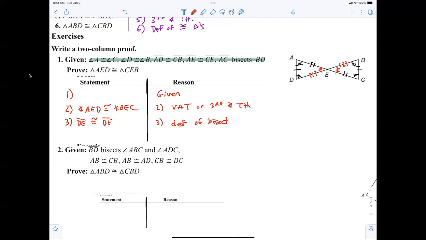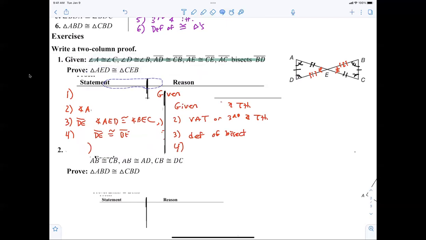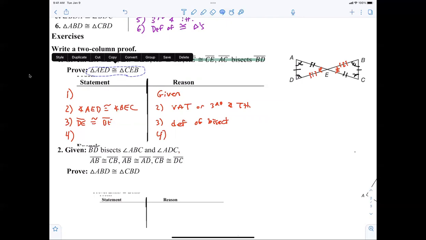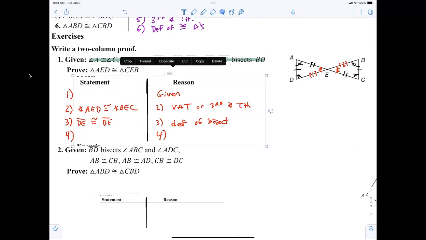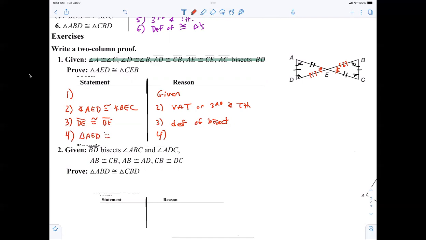And now, step 4. Now we can say what? Yes, triangle AED is congruent to triangle CEB.